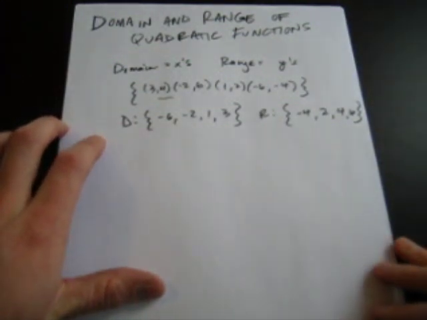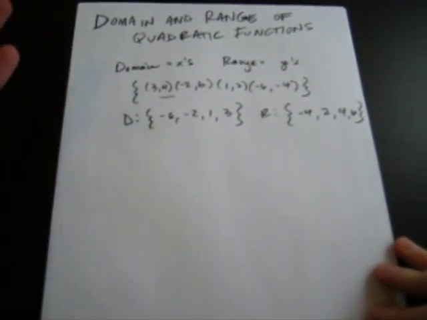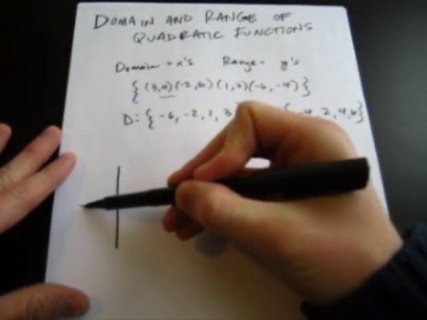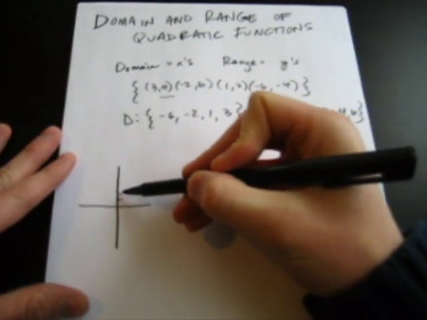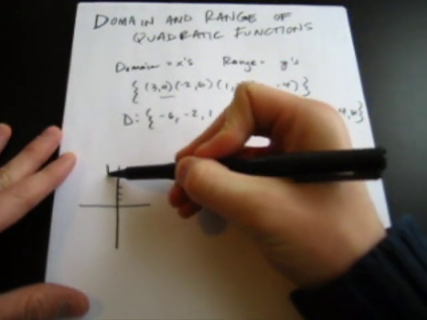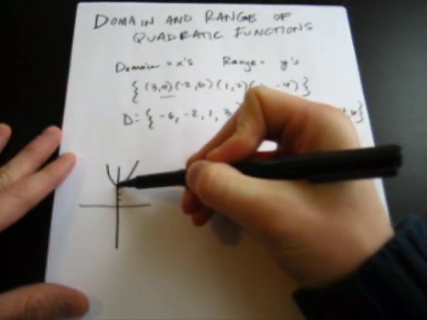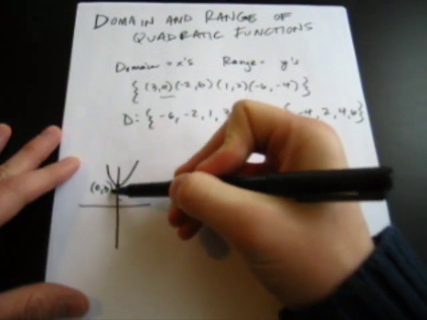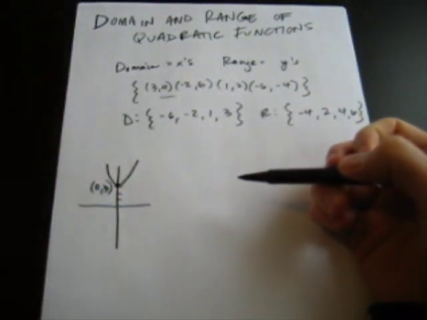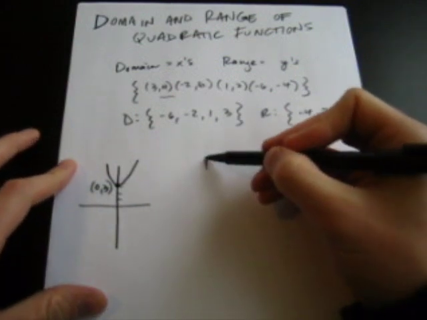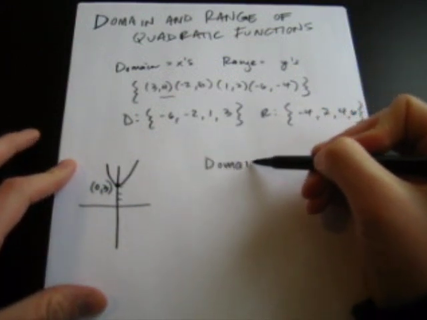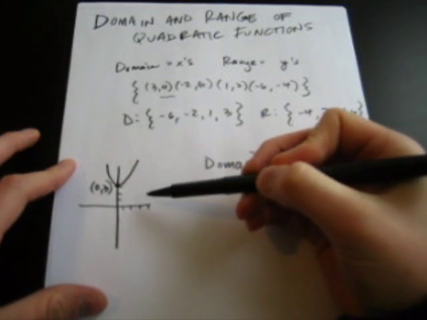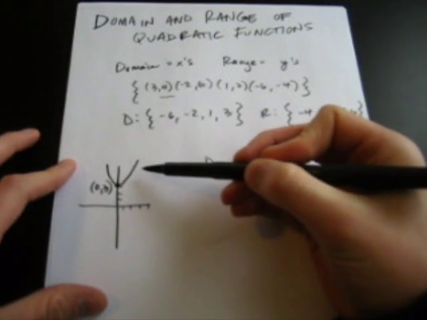But what if we have a function, in this case a quadratic, because that's what we're looking at. Let's pretend we got a parabola with its vertex, the minimum point right there at 0, 3. The domain in this case, all the x's, if I had x's down here, I could choose anything coming all the way out here and have a point.